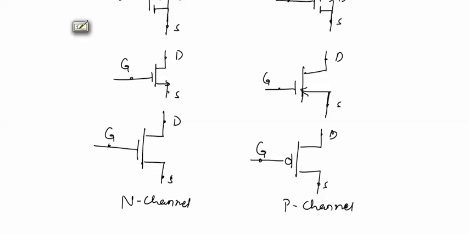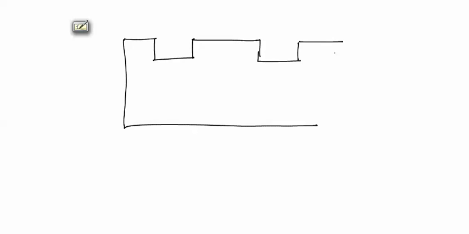Now we will see the body effect in MOSFETs. If this is the MOSFET and this is body terminal kept at ground, so VB equal to 0 volt.